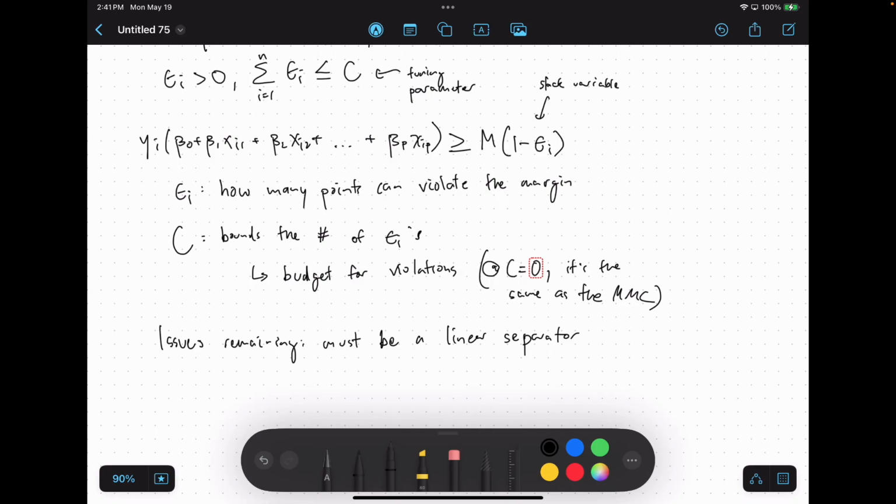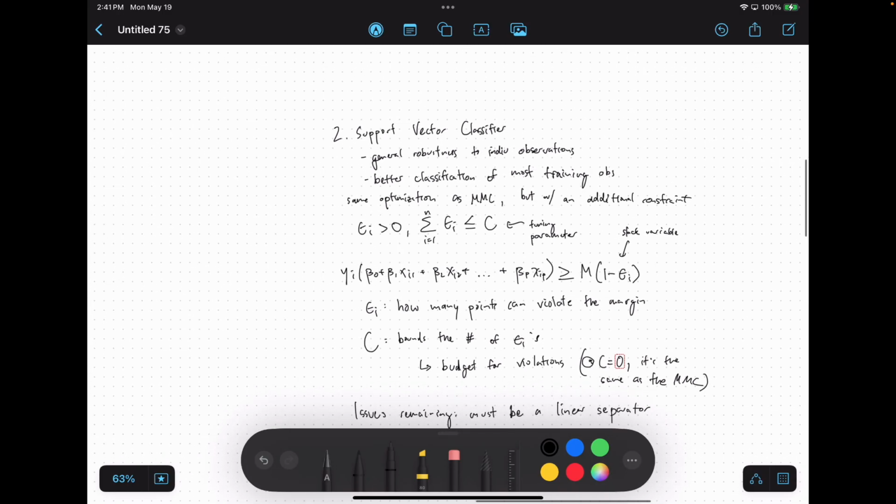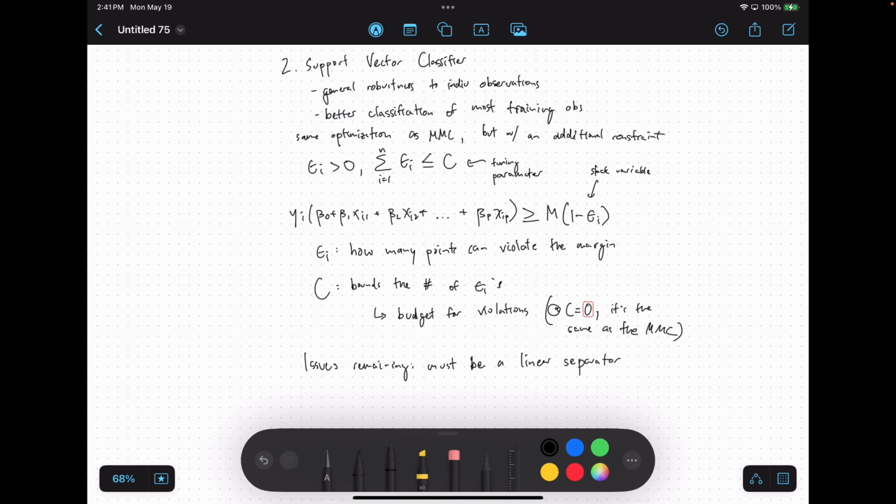And so we've gone from the maximum margin classifier to the support vector classifier. And then from here, the next logical step to address this particular issue is essentially to make it so that the separator can be nonlinear. Okay?